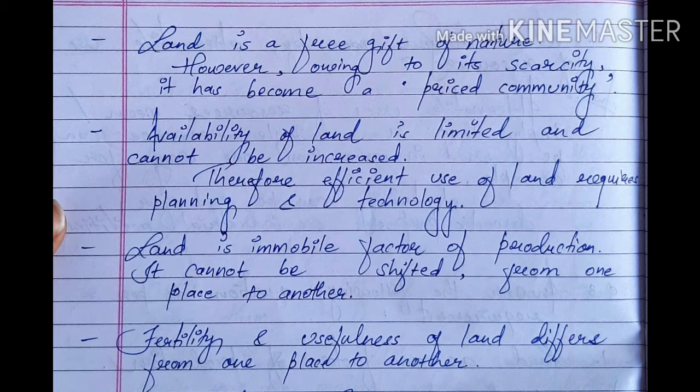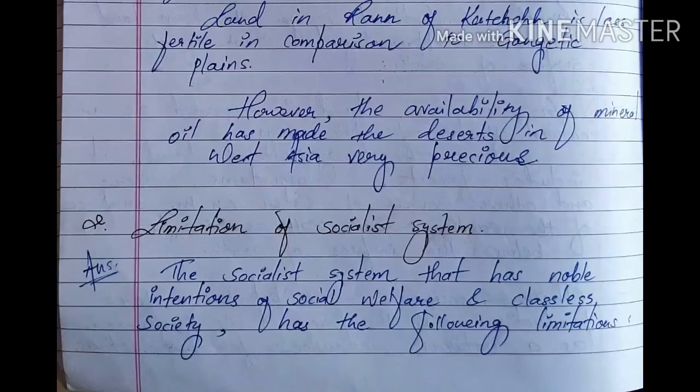It cannot be shifted from one place to another. Fertility and usefulness of land differs from one place to another. Land in the Rann of Kutch is less fertile in comparison to the Gangetic plains. However, the availability of mineral oil has made the desert in West Asia very precious.